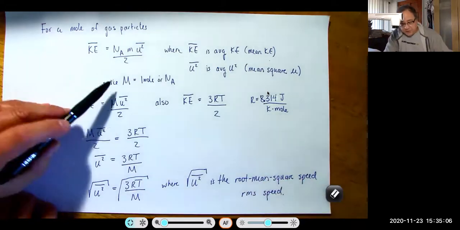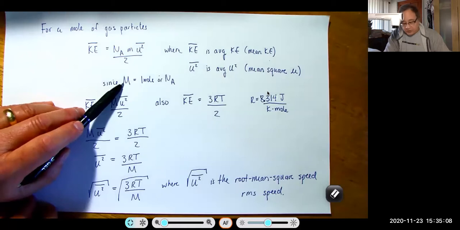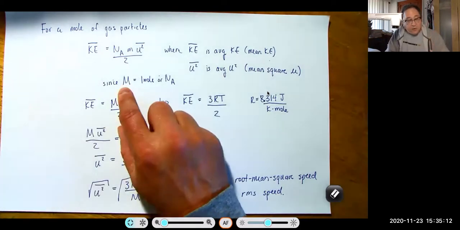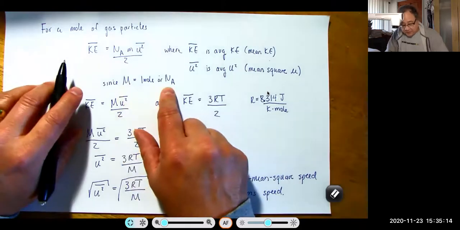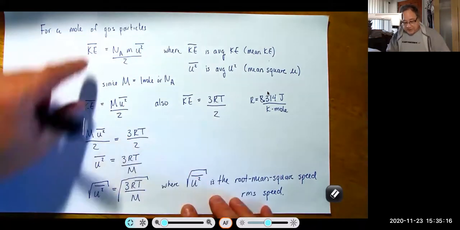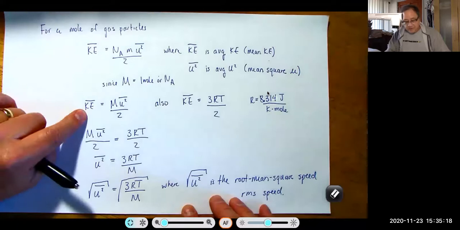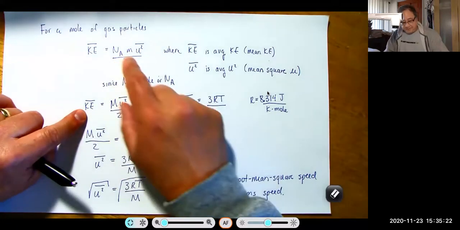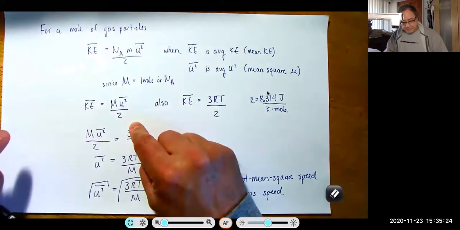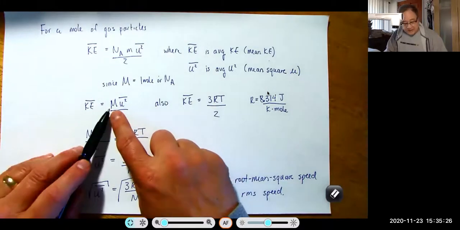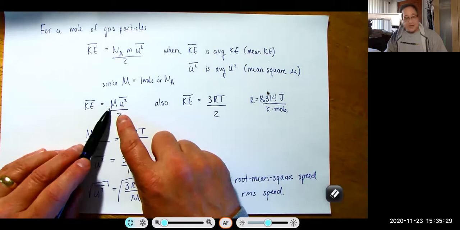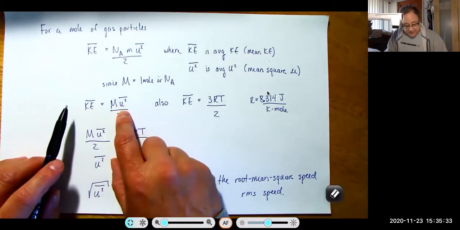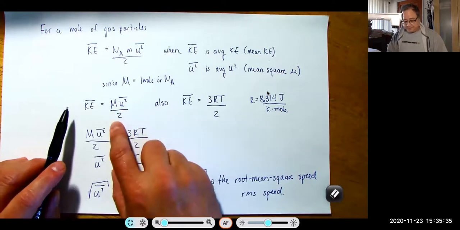Now, since the molar mass of a molecule equals 1 mole, and since 1 mole is Avogadro's number, essentially we can take this equation and substitute the molar mass for this N_A times m. So kinetic energy is the molar mass times the mean square velocity over 2.